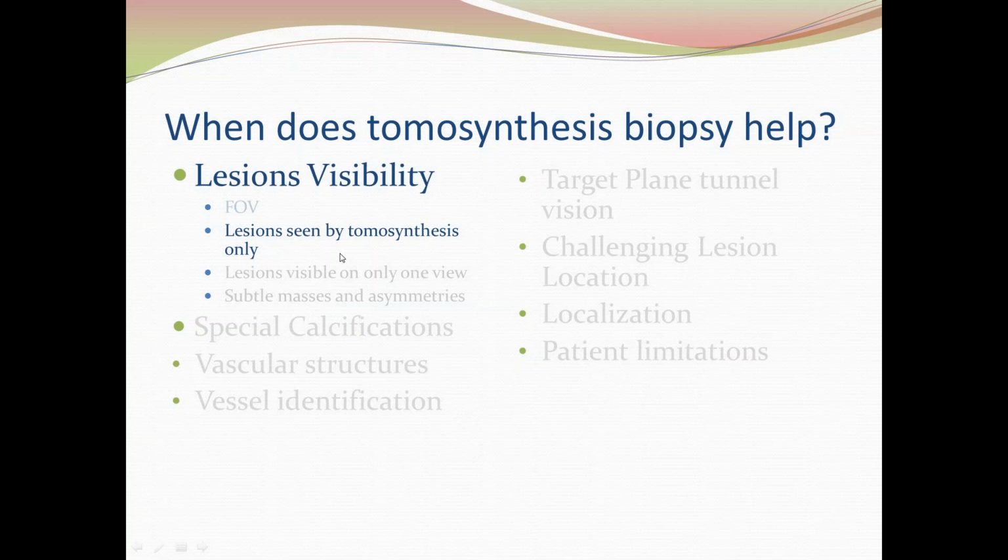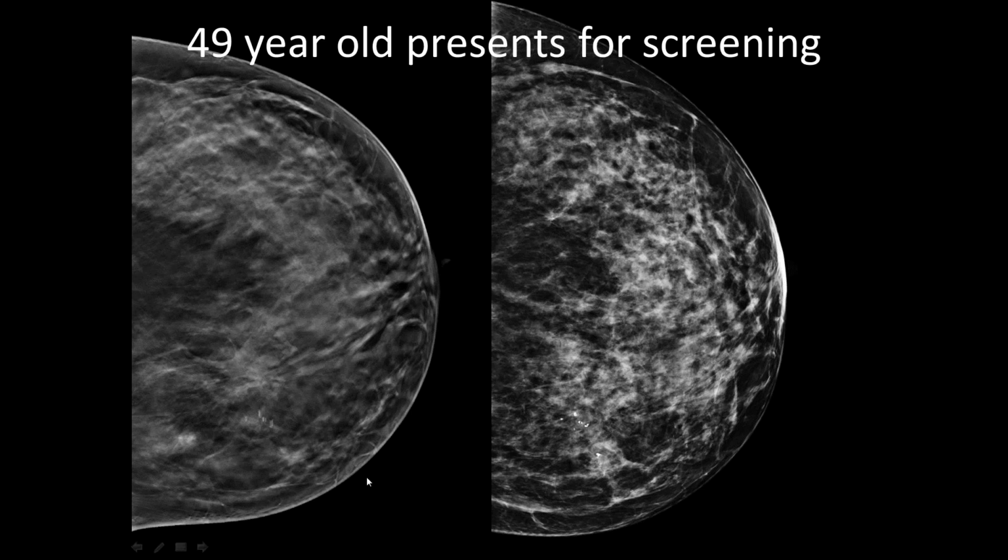So we talked a little bit about the fact that some lesions are seen only by tomosynthesis. And this is an example of such a lesion. This is the tomosynthesis on the left, and on the right side is the two-dimensional mammogram. Now you can see these calcifications here, which are actually not even associated with the lesion, but on the left side, you can see this spiculated mass on the CC view that you just cannot see on the two-dimensional mammogram.